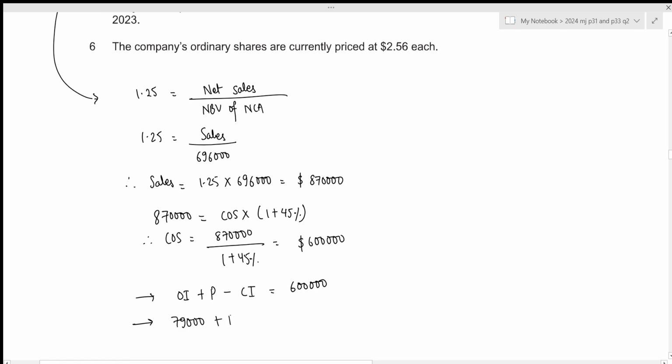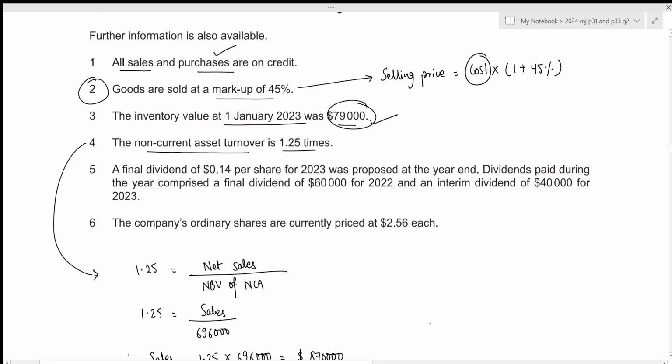We're trying to calculate the purchases and the closing inventory was 88,000. Now let's solve this equation. The purchases will be equal to 600,000 minus 79,000 plus 88,000. This will result in the value of 609,000. So that is all that we could find from information 1, 2, 3 and 4.